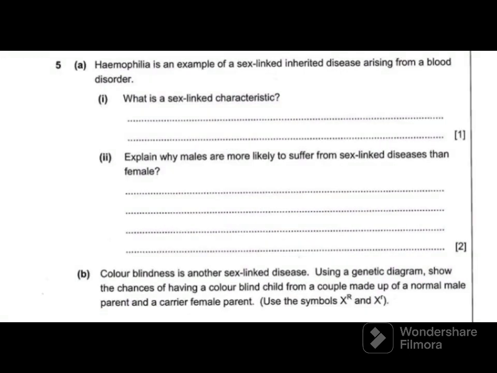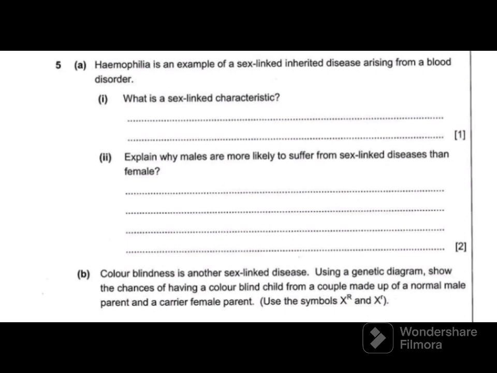Question B, the statement here is saying, color blindness is another sex-linked disease. Using a genetic diagram, show the chances of having a color-blind child from a couple made up of a normal male parent and a carrier female parent.